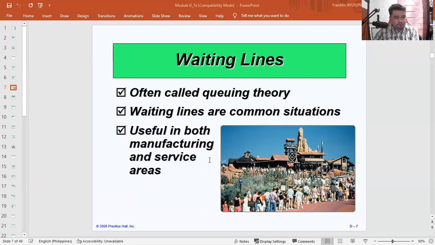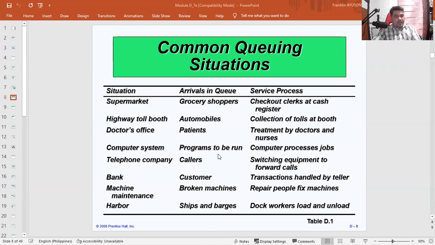Now, to further understand, we look at several common queuing situations. Supermarket, of course. You have your arrival in the queue, these are the grocery shoppers. The service process would be checkout clerks at the cash register. But because of our pandemic experience, the supermarket may have a limited number of customers served.